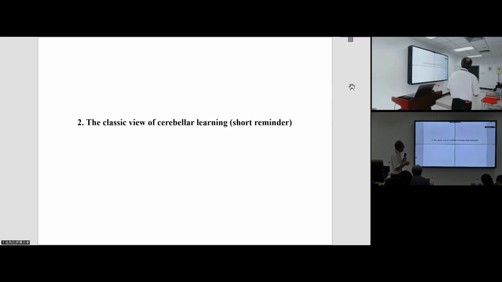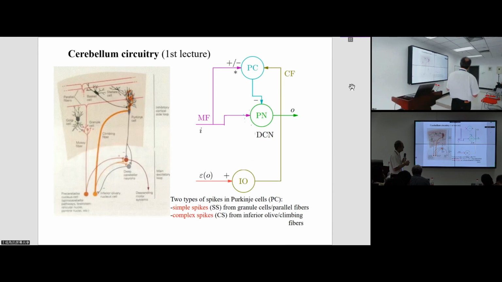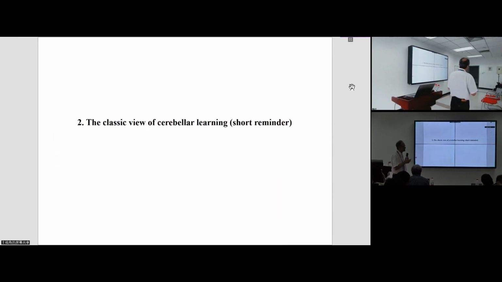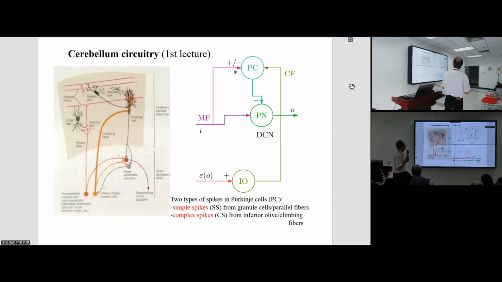Okay, so I just remind you shortly, to contrast with what will follow, what the classic view is, which I described before. The classic view is that you have this mossy fiber that acts on this projection neuron in the deep cerebellar nucleus, and suppose you want to achieve some motor task.